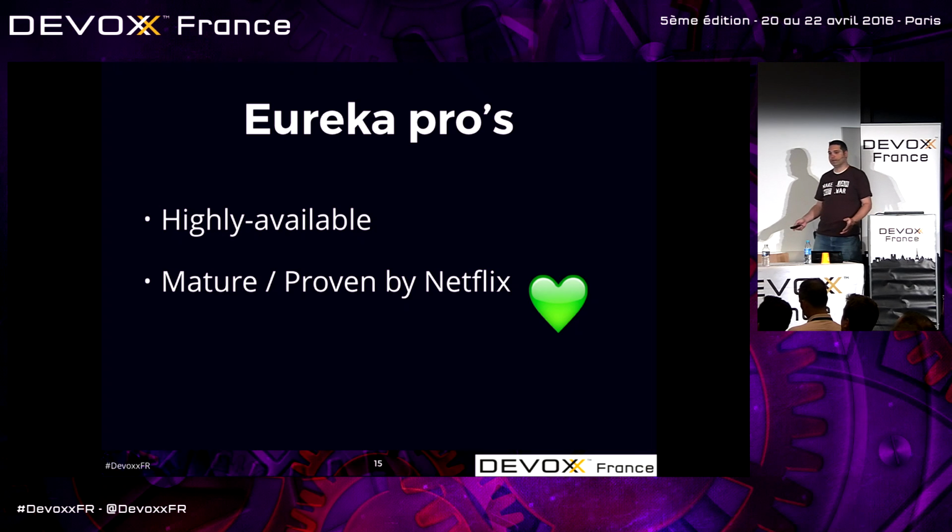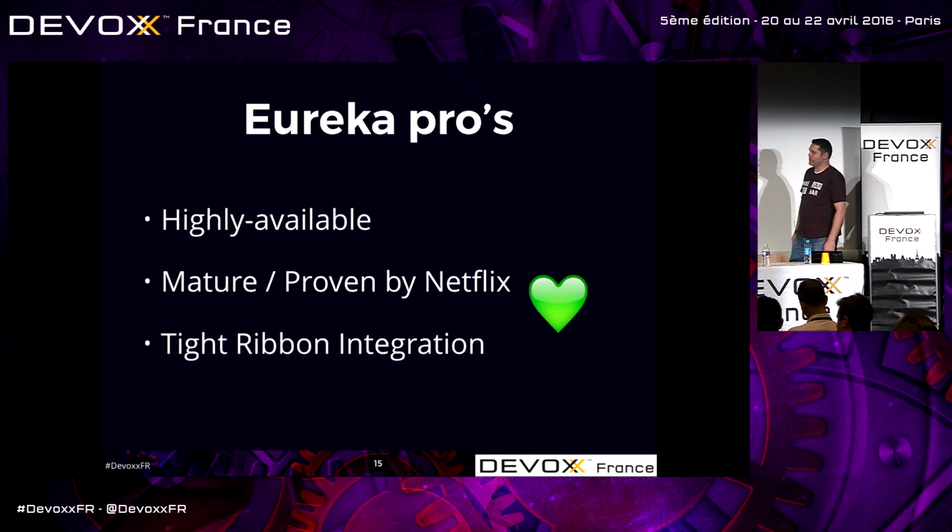It was mature. They run thousands of instances that connect to Eureka every day and go down and come up, and it's proven. So that was one of the reasons we went with it. It has tight integration with Ribbon. Ribbon is their client-side load balancer.